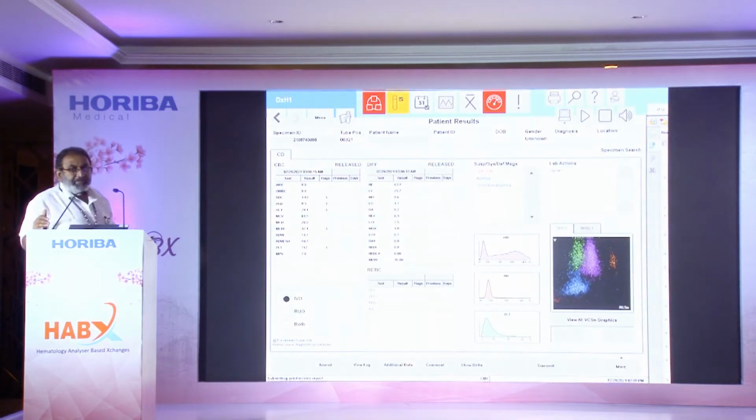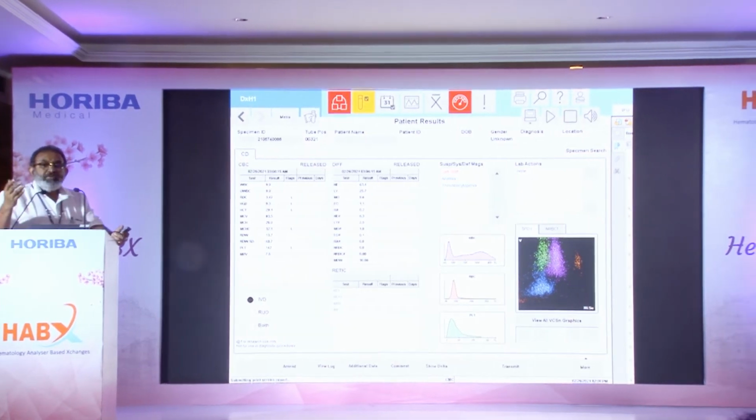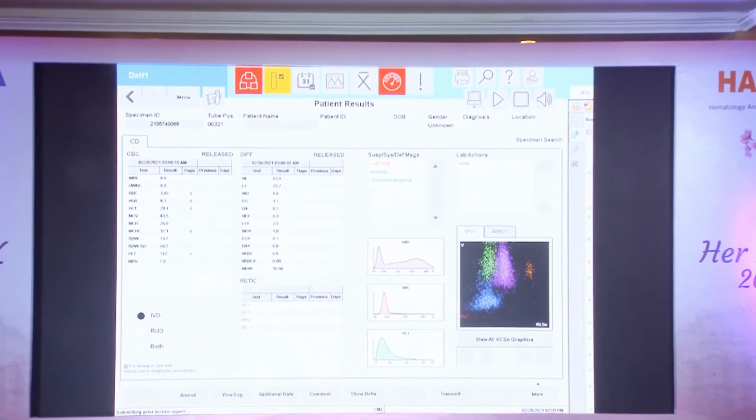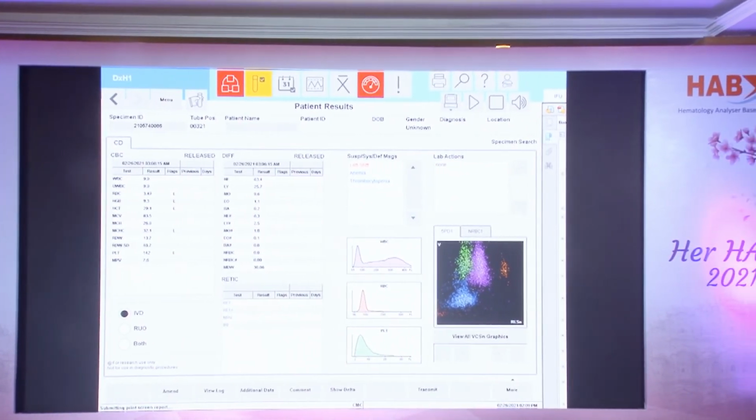So this is a patient with sepsis who has large neutrophils, and more immature granulocytes. But look at the granularity of the neutrophils. They are almost hugging the monocytes. Now you want to say whether monocytes are going to the neutrophils or neutrophils are coming to the monocyte. If you look at the lymphocyte population, you know that monocytes are there where they are. They are not going to the neutrophil.